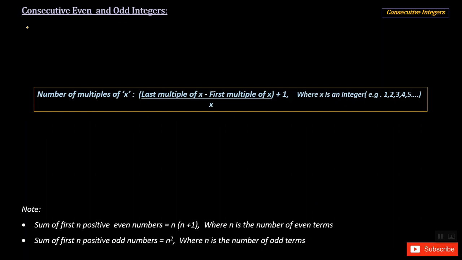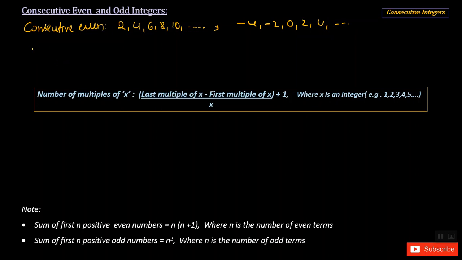So example, I can say consecutive even, I can say here as 2, 4, 6, 8, 10, and so on. I can also say -4, -2, 0, 2, 4 and so on, no matter whether the number is starting with the negative or positive. So this is the way of representing consecutive even numbers.